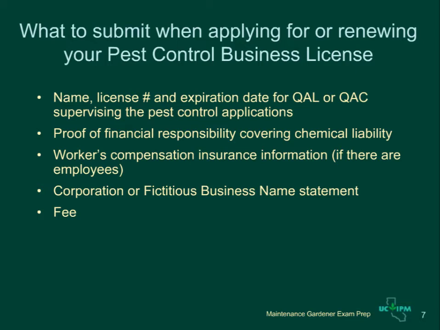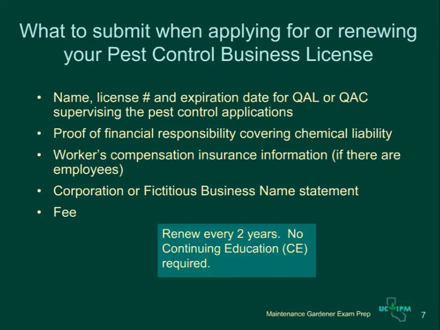If this person quits, you must find another licensed employee if you intend to apply pesticides or become licensed yourself. Businesses must also provide proof of financial responsibility, workers' compensation insurance, and a corporation or fictitious business name statement. Licenses must be renewed every 2 years.